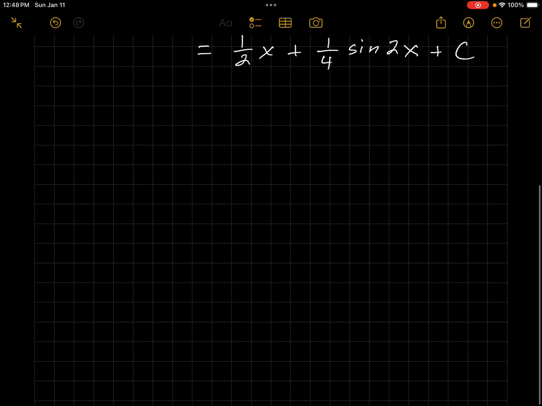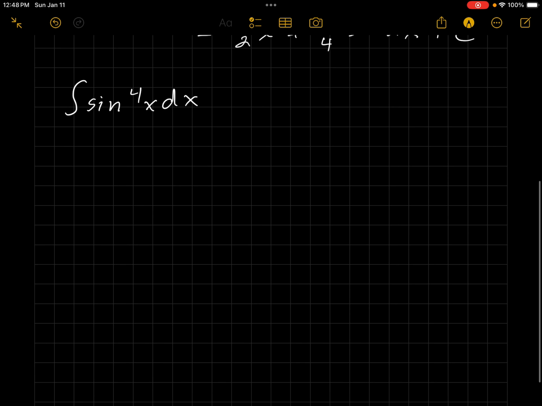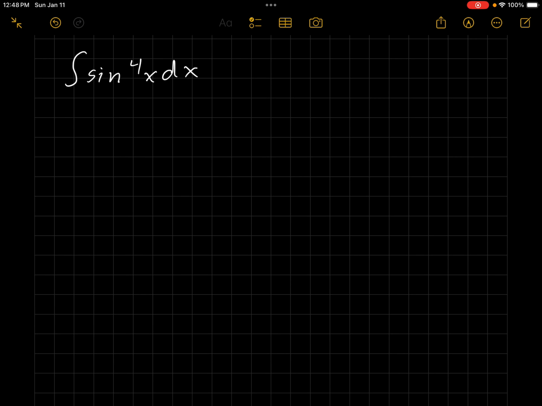What if, instead, we had something like the sine to the 4th of x? This integral is going to get just a little bit messy. Before we can find the antiderivative, we will need to rewrite the integrand a few times, I would say.